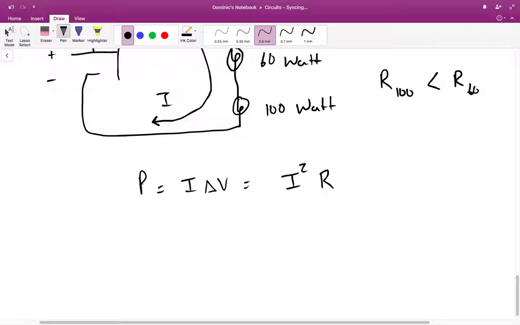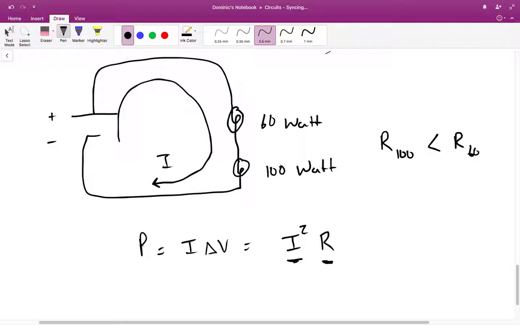Now, in this case, both of them have the same current going through them, and so the amount of power consumed only depends on the resistance, and the one with the greater resistance is going to have the greatest amount of power consumed. Again, this is because they are connected in series.